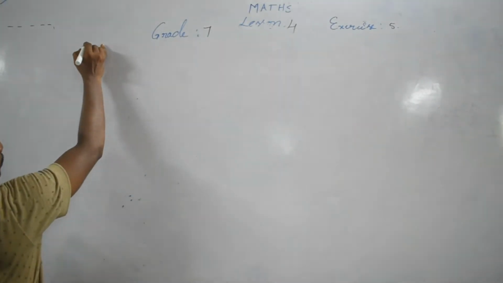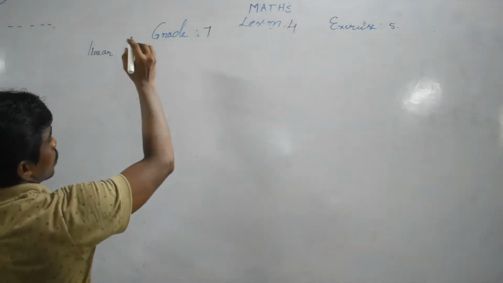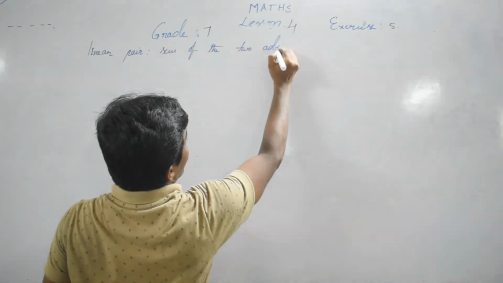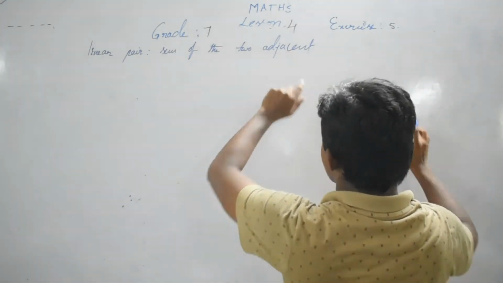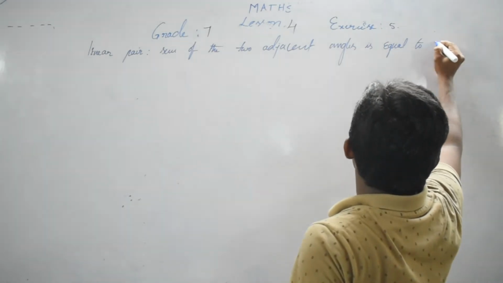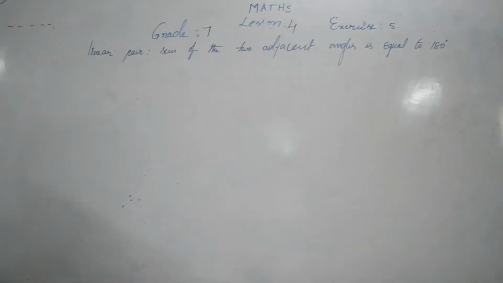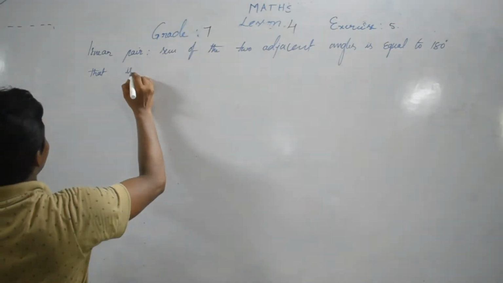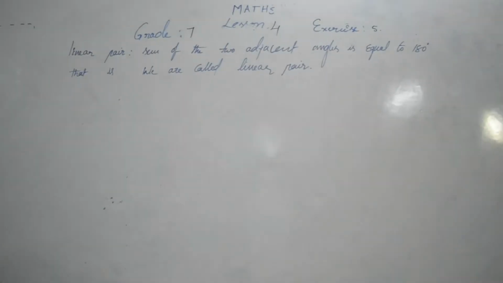Simple, like the complementary and supplementary definitions. The sum of two adjacent angles is equal to 180 degrees, that we call a linear pair.